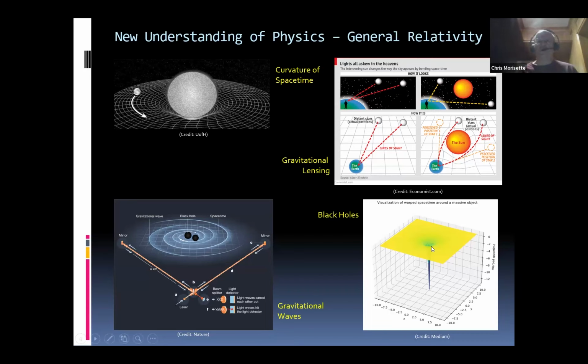This is where you have an object that is so heavy, so massive, that starlight can't even escape from the indentation or the stretching of the fabric of space-time. So that was another prediction, and then gravity waves was another prediction from the general theory of relativity.